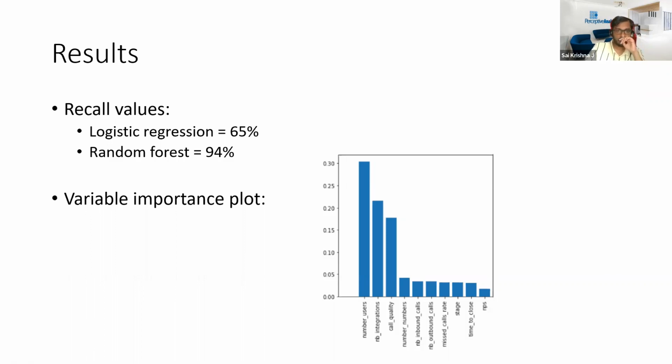This random forest technique also gives something called a variable importance plot, as many of you might know. You can look at the picture over here. The most important variable is the number of users associated with the customer account. The more users associated with an account, the less likely the customer is to churn, because there might be a cost involved in switching.